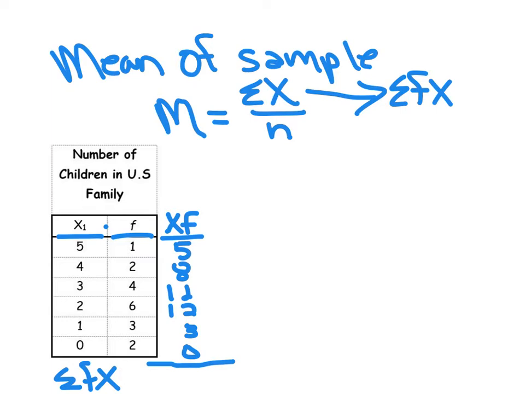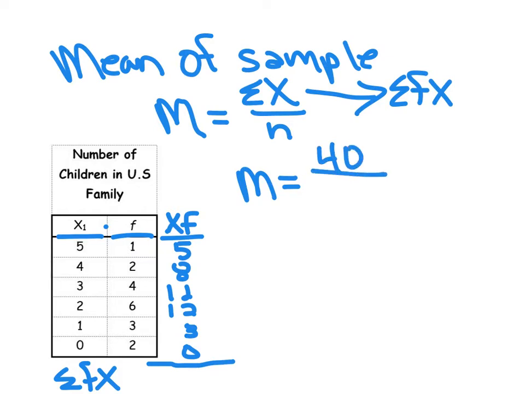See, that's where you need to be careful, because there were 2 people that reported no children. So we need to make sure that we are accounting for that. That means our sum is 40, and I'm going to put here, M equals 40 over n.